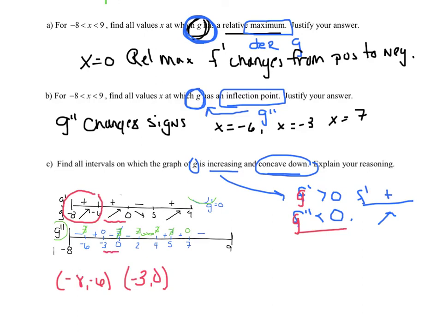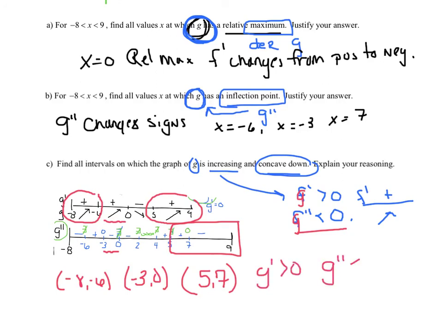My last section that I'm positive is between 5 to 9. And if I look at the 5 to 9 section here, I would say over the interval from 5 to 7, and my justification again is G prime is greater than 0, and G double prime is less than 0. So it's similar to that speeding up and slowing down when we compare velocity and acceleration.